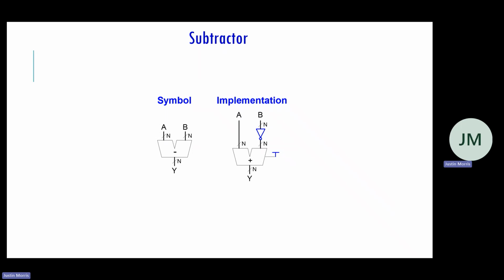Because A plus negative B is A minus B, right? So the way that we're getting negative B here is we're just applying 2's complement. This is our bit flip. This is our carry-in of a 1. So that's how we add 1. So we can use the same adder hardware to implement subtraction.